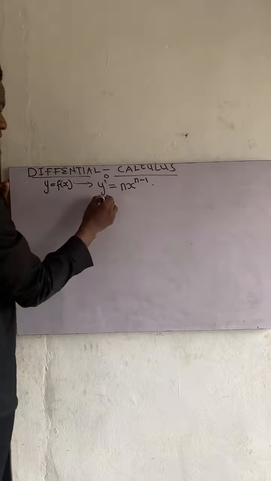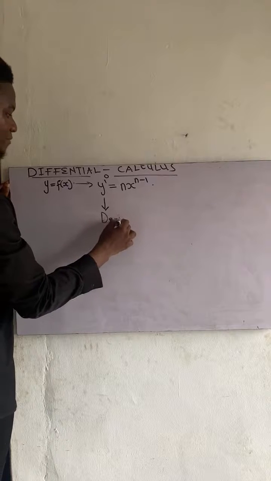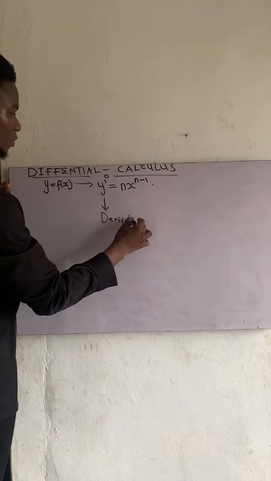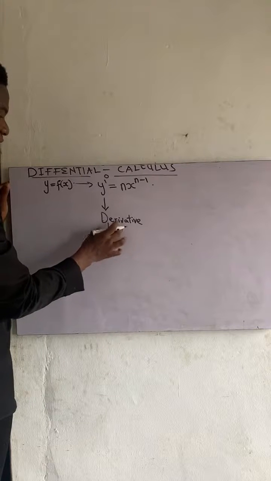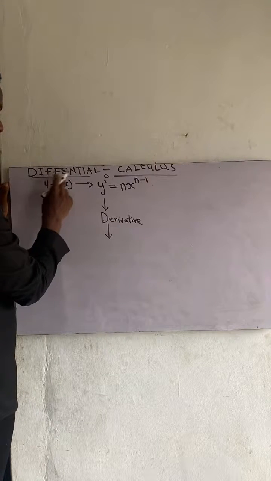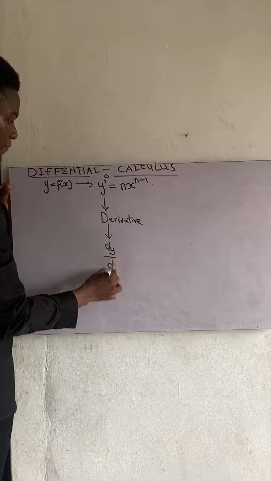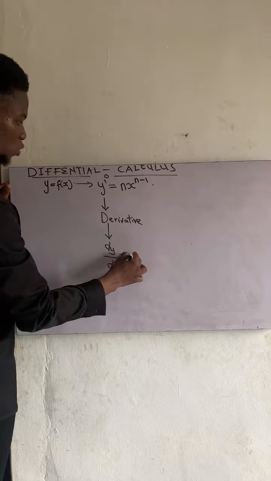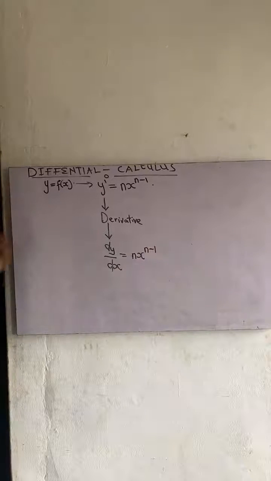This y prime can be referred to as the derivative. The general form of a derivative of y with respect to x is dy dx, and that equals nx raised to power n minus 1.